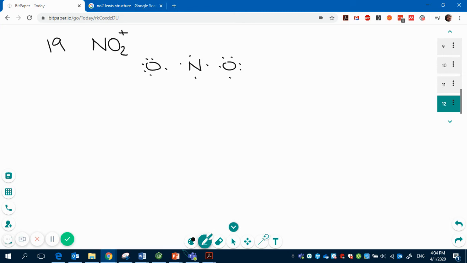So we're going to have this, and now we can see how everything connects up. So if I do these two like that, and then well, now I have to be careful, because if I make another double bond here, then the nitrogen is going to be hypervalent, and that's no good.